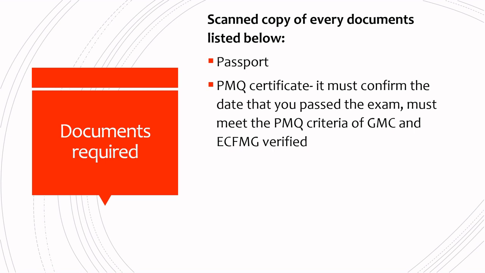I'll make another video on ECFMG or EPIC verification if you don't know about it. But remember that before applying for GMC registration, we need our primary medical qualification or the certificate of our degree to be EPIC or ECFMG verified.